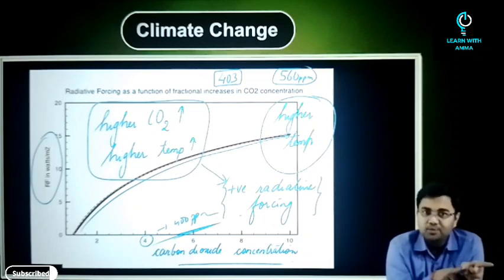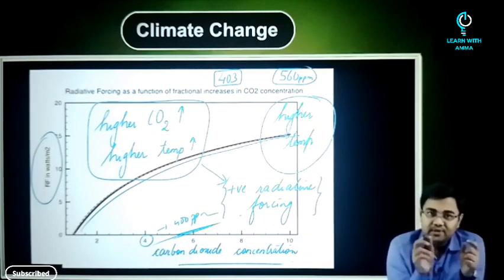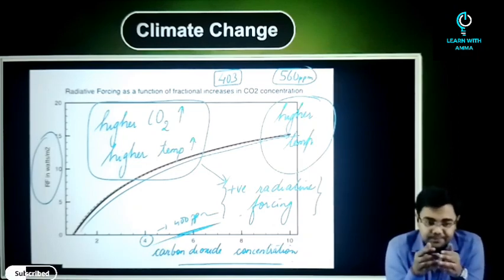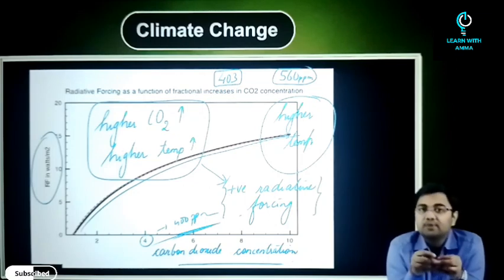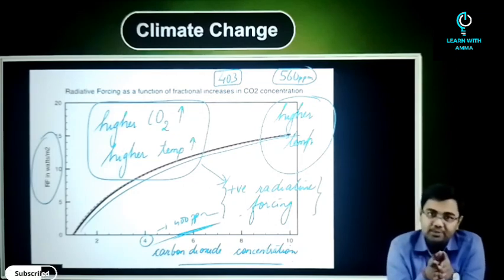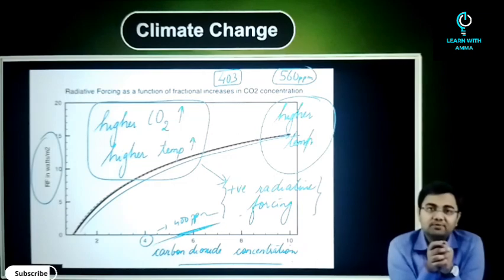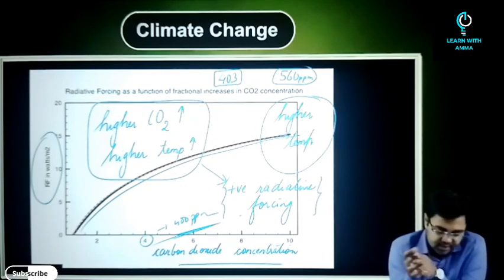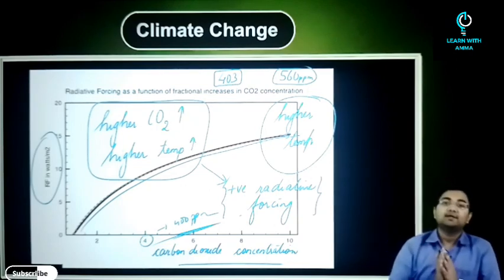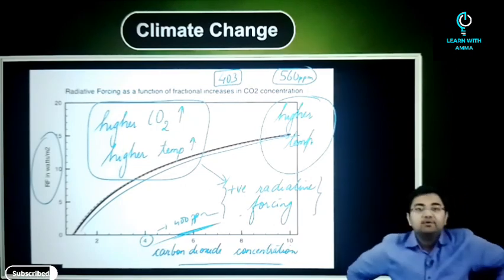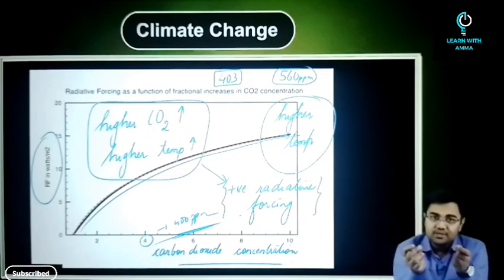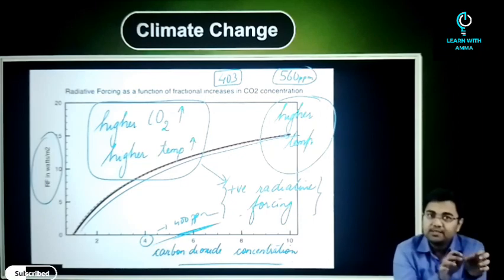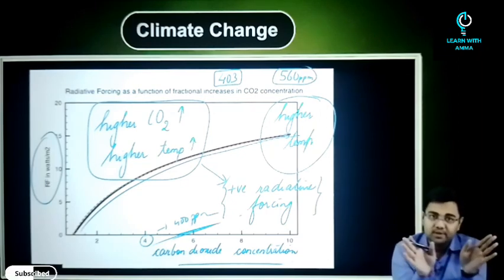Then we had the Montreal Protocol, which led to at least a decrease in the amount of chlorofluorocarbons and a decrease in the ozone hole that was caused. We'll discuss what the ozone hole and chlorofluorocarbons are. But you have to understand that climate change until a point would be reversible, but there will come a point when you tip the balance and it will become irreversible in nature.